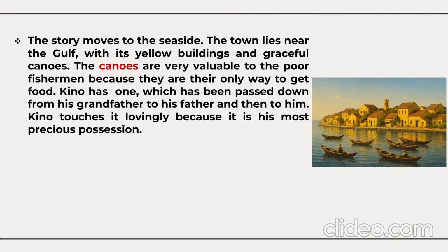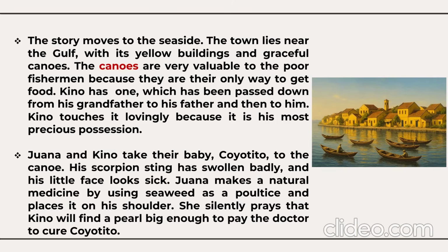Kino touches this boat very lovingly because it is his most precious possession. Joanna and Kino take baby Coyotito to the canoe, and his scorpion sting has swollen so badly that his little face looks sick. Joanna makes a natural medicine, using seaweed as a poultice.